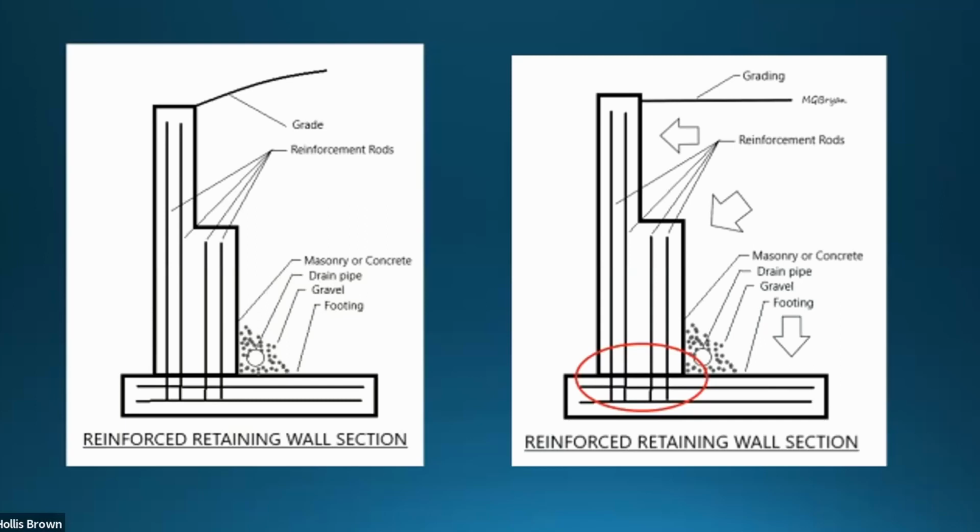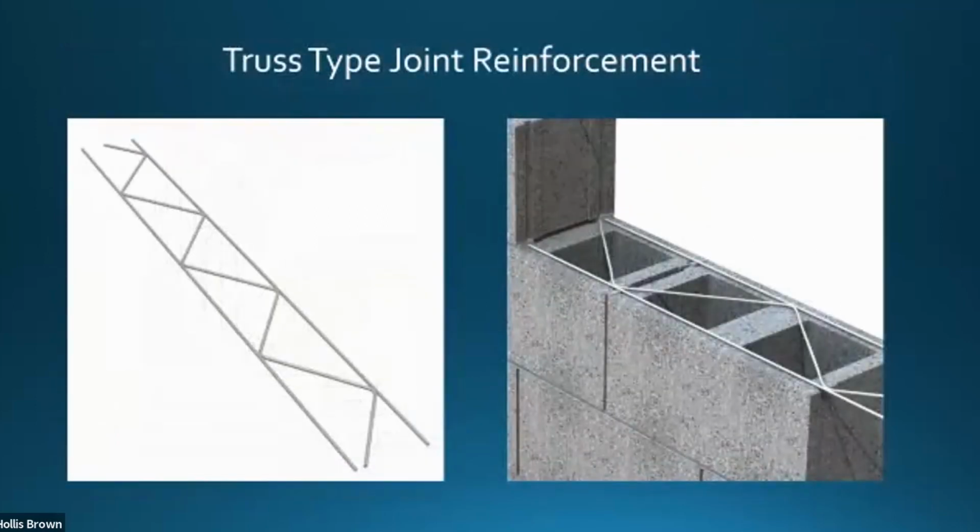And it will for a period of time, but as you can see, all your stress is in that circle here. When that rebar starts failing, so will that wall. That's one of the reasons why steel reinforcement might be a good short-term idea, but not long-term. Also, you have horizontal joint reinforcement that goes into masonry block walls.